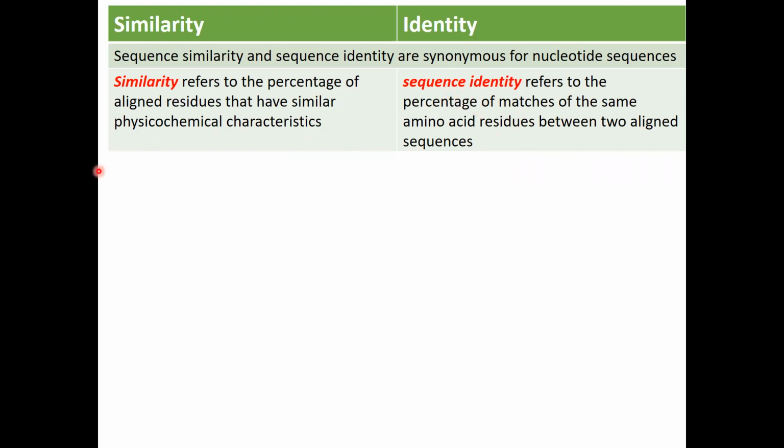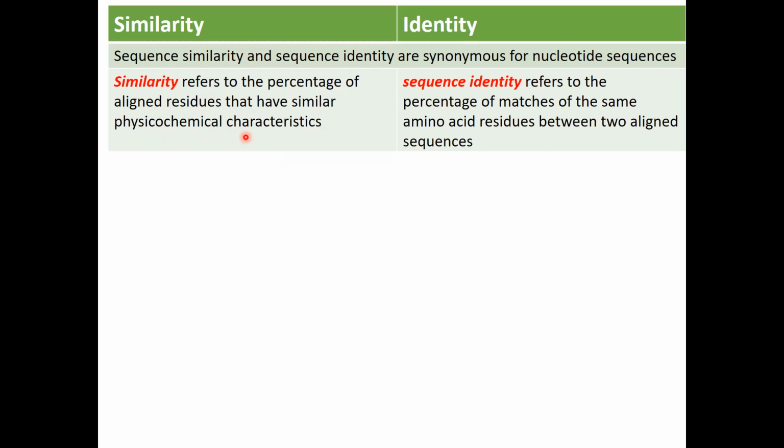When we are aligning two or more protein sequences, sequence similarity refers to the percentage of aligned residues that have similar physiochemical characteristics, which means you will calculate the total number of amino acids which are aligned together in the same column in the sequence alignment, and they have similar physiochemical properties.